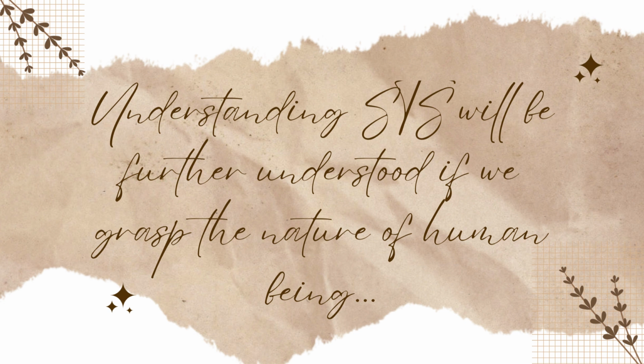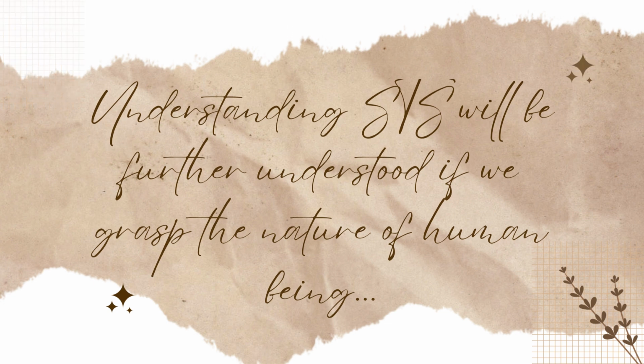Okay? So, understanding science, technology, and society will be further understood if we are able to grasp the nature of human being. So, with that being said, that means not just simply defining what human being is, but being able to identify what are the needs and the wants naturally among human beings. Why?